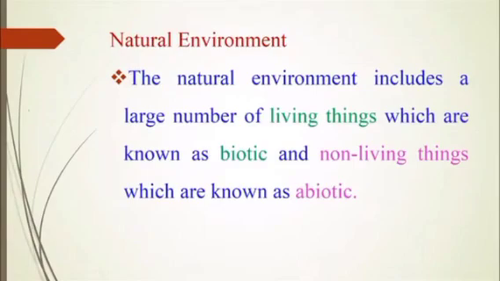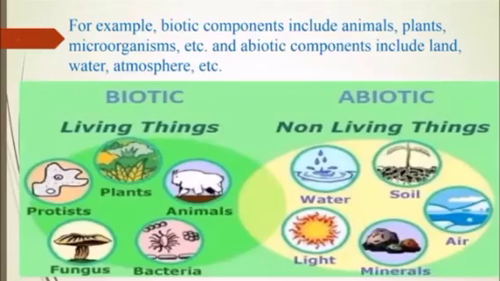The natural environment includes a large number of living things, which are known as biotic, and non-living things, which are known as abiotic. For example, biotic components include animals, plants, microorganisms, etc. Here, microorganisms means a microscopic organism.